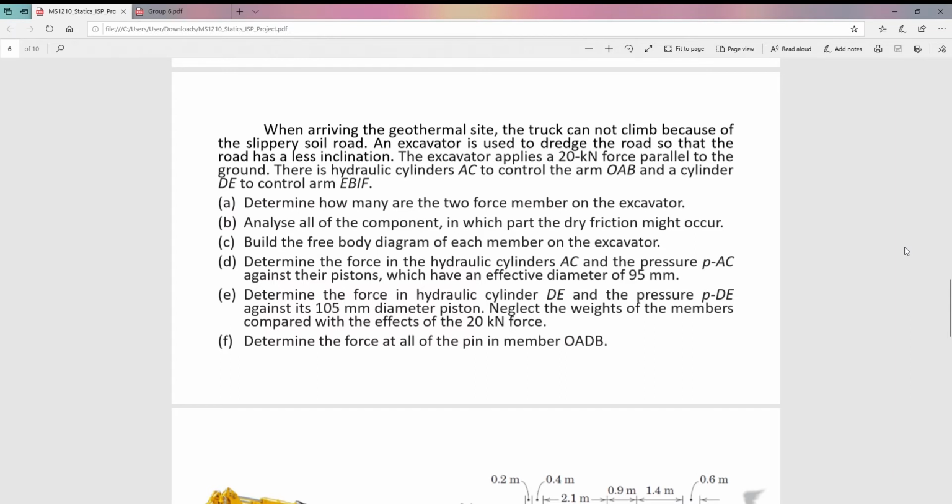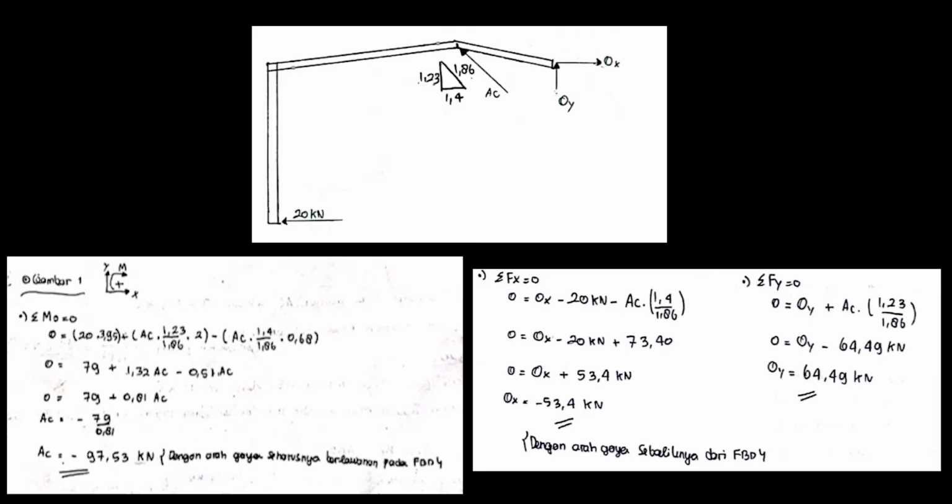So for the question at hydraulic AC and the pressure of hydraulic with diameter 105 mm. First, we look at figure 1 and we calculate at moment O and we get force at AC.